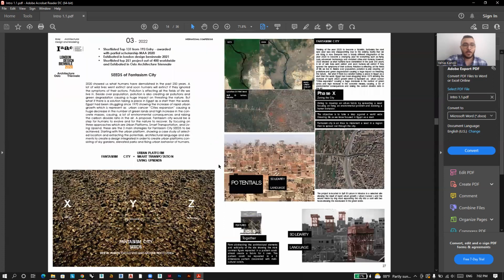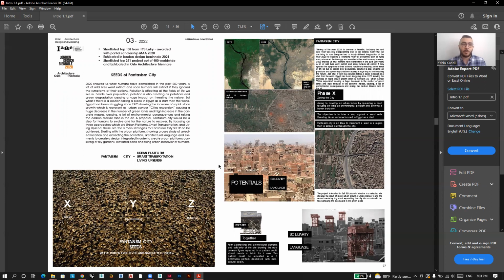I'm really proud of this project because it was not for an architecture competition or anything. It was an idea to develop a place, and this actually took place where I am from.